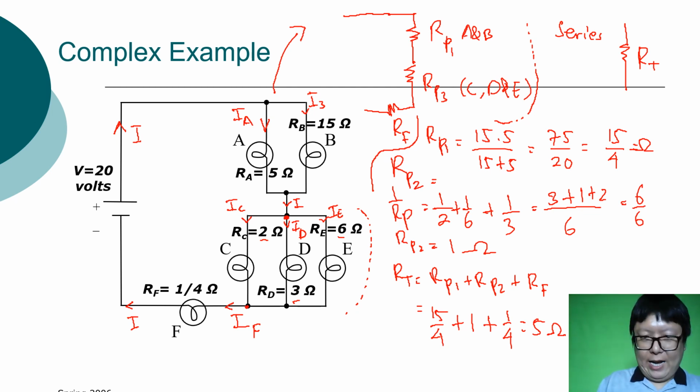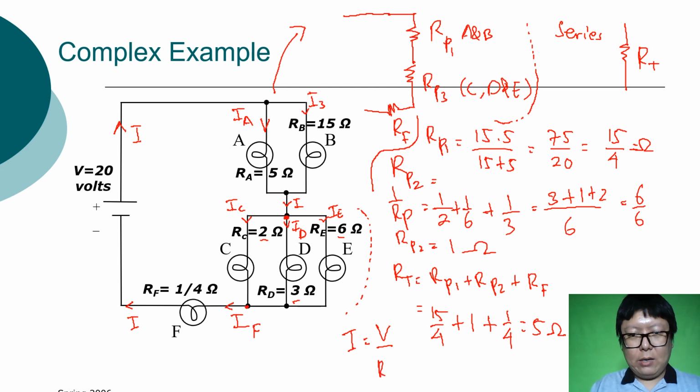Now finding the I, guys, the current. So the current is volts V per R total. Then you get 20 over 5. So the current is 4 amps. Okay, this is the total current.